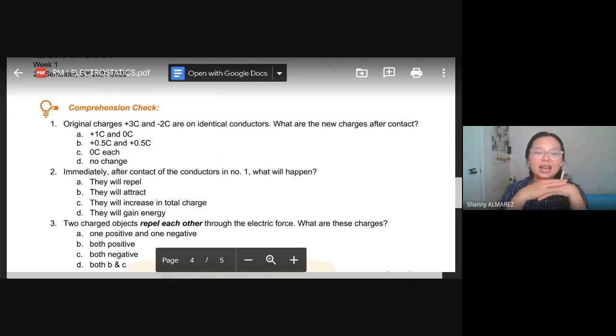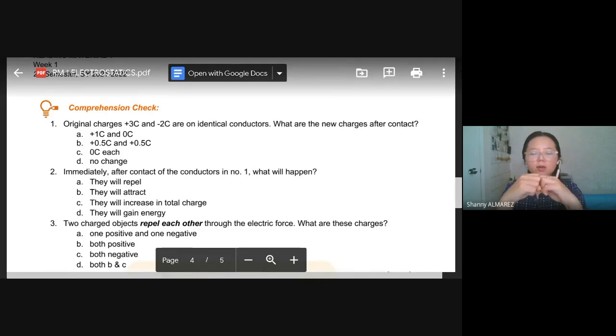Okay ulit natin. So, yung isa, merong positive 3. Yung isa, may negative 1. They are both spherical metals. When we put them together, yung mga extra electrons na dalawa, i-redistribute nila. Okay? So, when they are in contact, there will be a redistribution process finding their equilibrium.